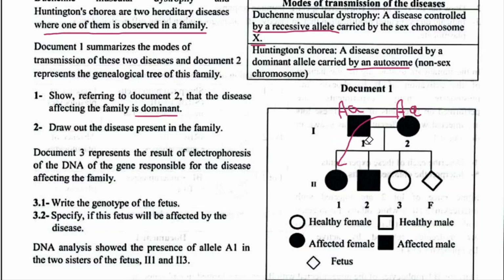So the alleles of 2-1 will be capital A, capital A, or capital A, short a, where capital A is dominant and short a is recessive. Dominant, disease, and recessive, healthy. Okay?